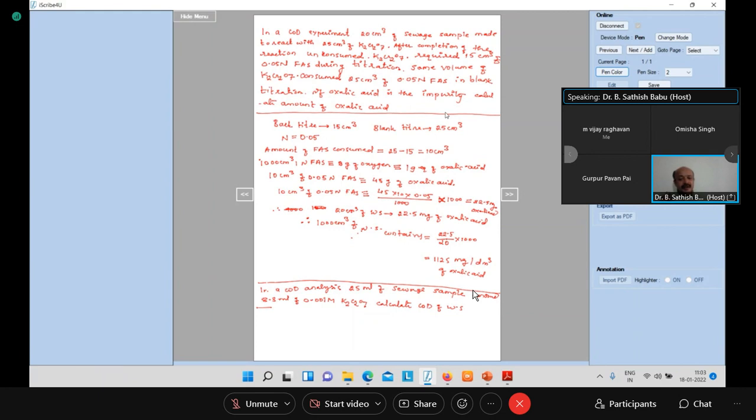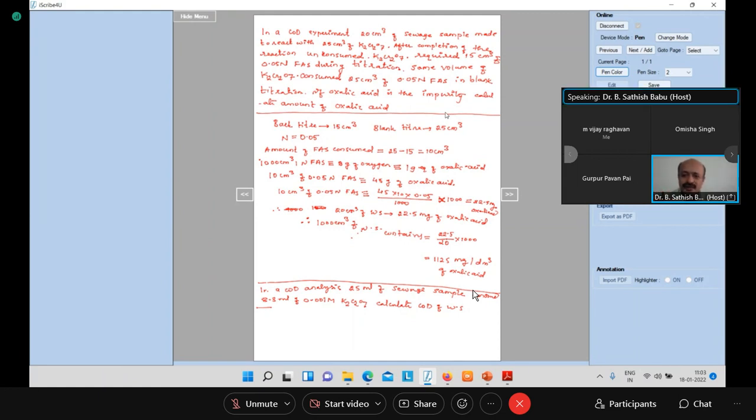Okay. Here they have not done any back titration and blank titration. Are you following this or not? Directly they mentioned how much potassium dichromate is consumed for the oxidation. Have you understood this problem or not? Can anybody unmute and respond? Understood, sir. What is the role of back titration and blank titration?